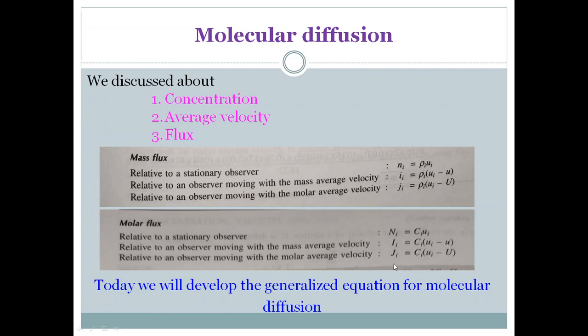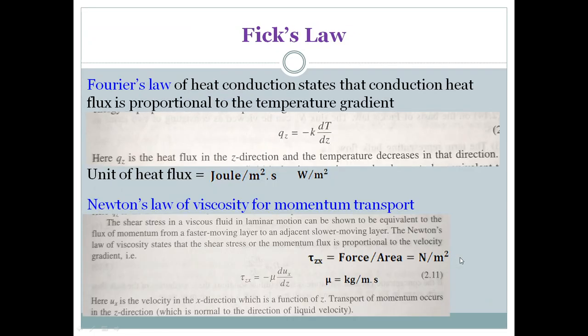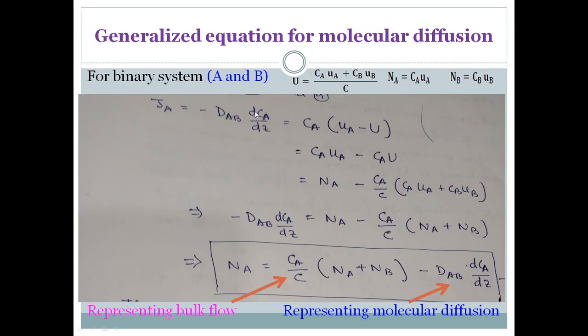So in this case J_A will be C_A into (U_A minus capital U). And from Fick's law we know J equal to this, isn't it? So now this equals C_A U_A minus C_A into capital U.